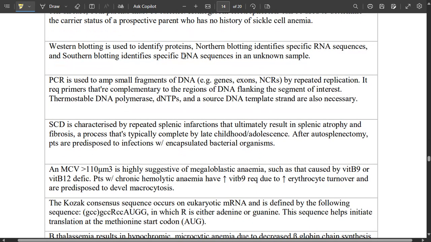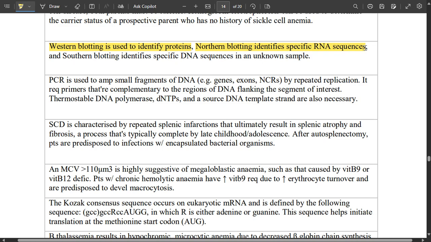All right, Western blotting. Western blotting is used to identify proteins. In the West, they synthesize a lot of proteins. Northern blotting identifies specific RNA sequences. So in the north, in Russia, let's say, RNA sequences are identified. RNA starts with R. So in the northern side of the planet, northern blotting identifies specific RNA sequences.